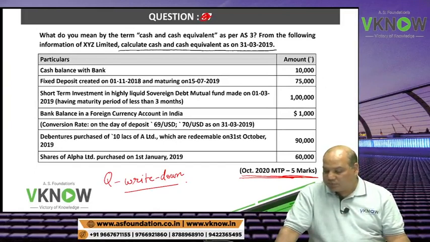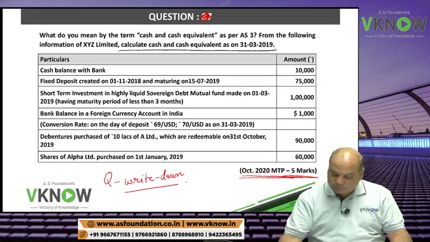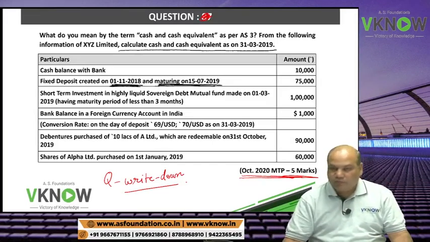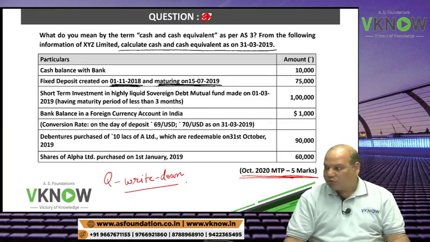Fixed deposit created on 1/11/18 and maturing on 15 July 2019, 75,000.